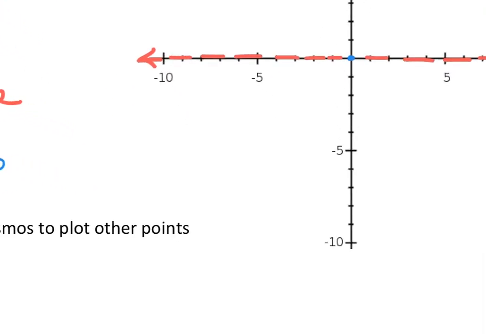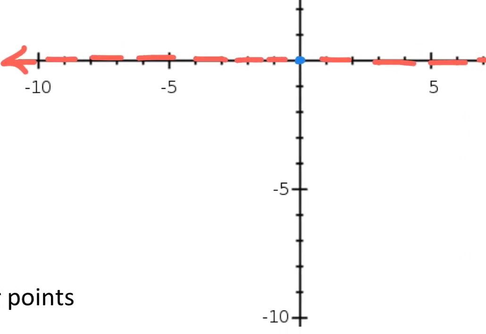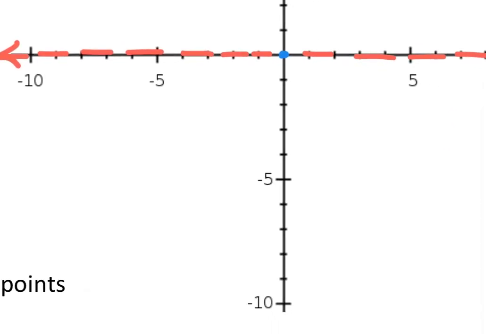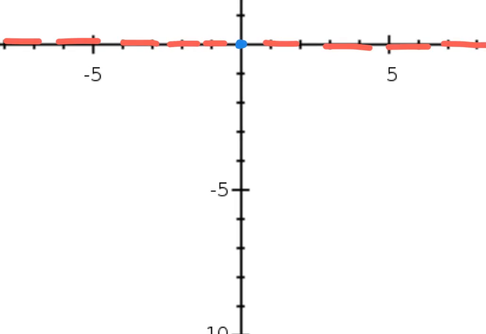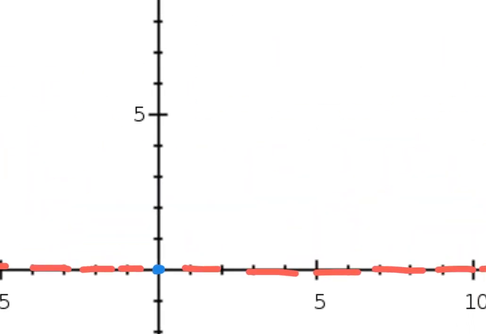So the minimum happens at -1.5 and a little past -7. So -1.4, -7.1. So right about there, and +1.4 and +7.1. So that's going to be right about there.